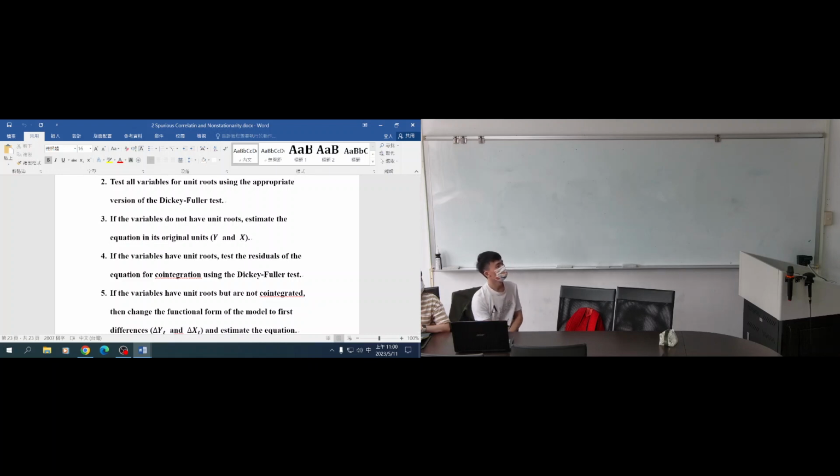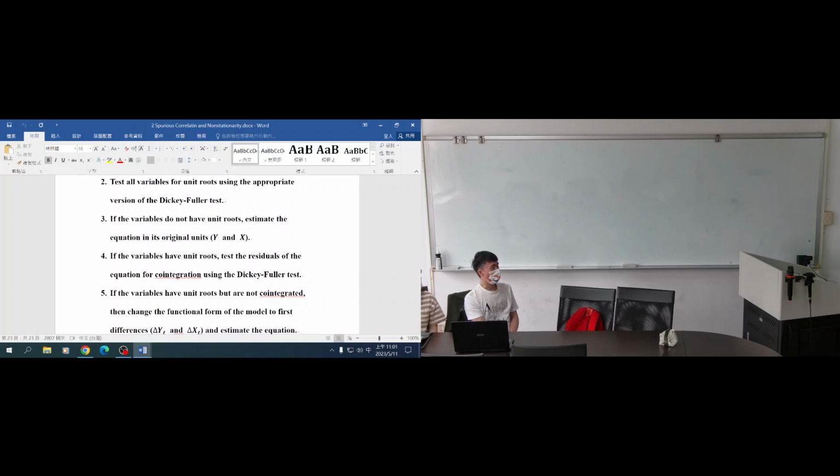Third, if the variables do not have unit roots, estimate the equation in its original units, meaning using x and y. Then, if the variables have unit roots, test the residual of the equation for co-integration using the Dickey-Fuller test.